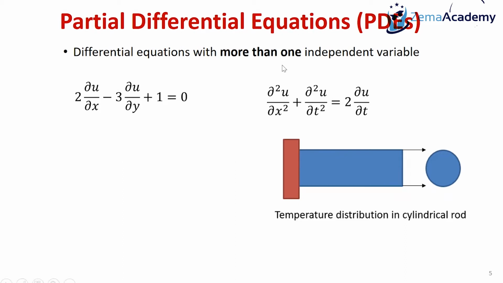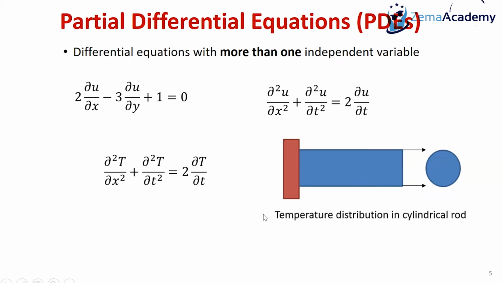If this u is a function of temperature, then the change will occur with respect to x. x is the length, in terms of length, and ∂²u/∂t². So this t is representing the time period. So this is just an engineering application of partial differential equation.